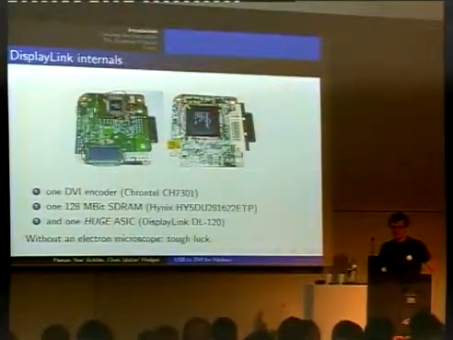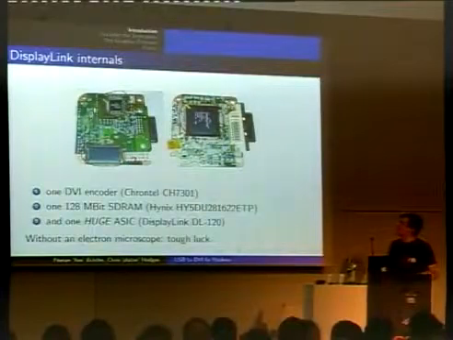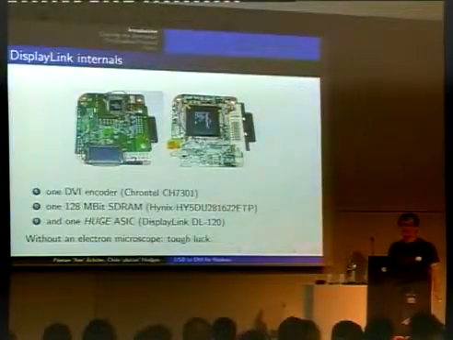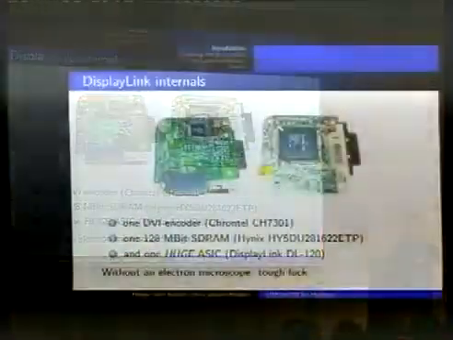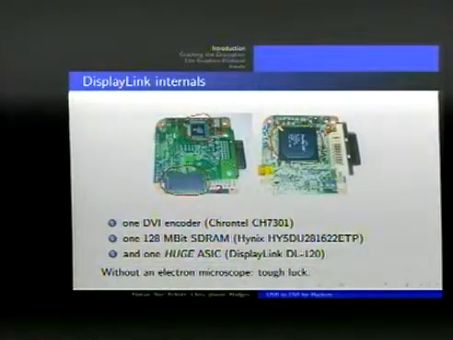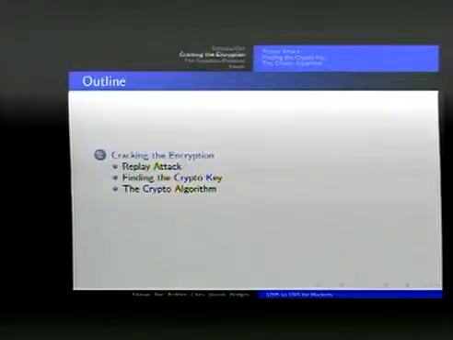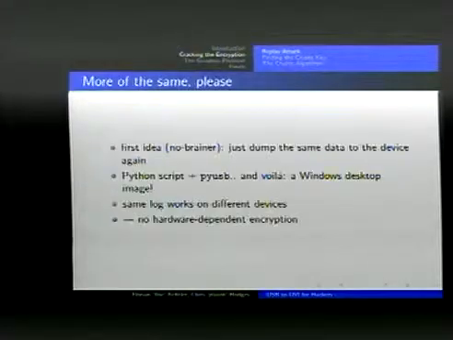So we didn't have the equipment to sniff any of the data going over the bus here, and we didn't have any tech to look inside the ASIC itself, so tough luck. We had to use some different method. Okay, so we had to try to crack the encryption in some way, and I'll try to tell you a bit about how we did this.